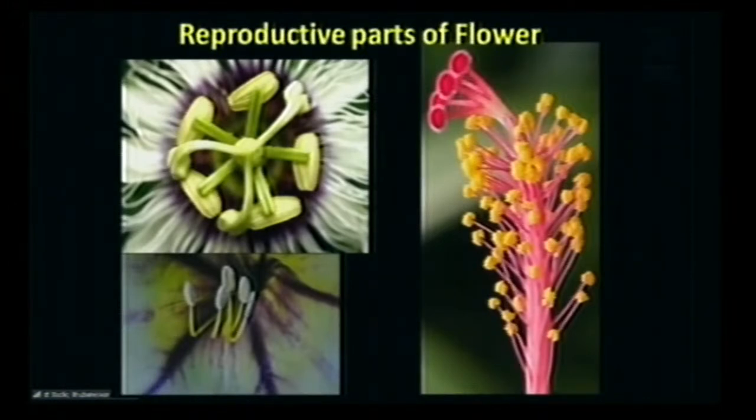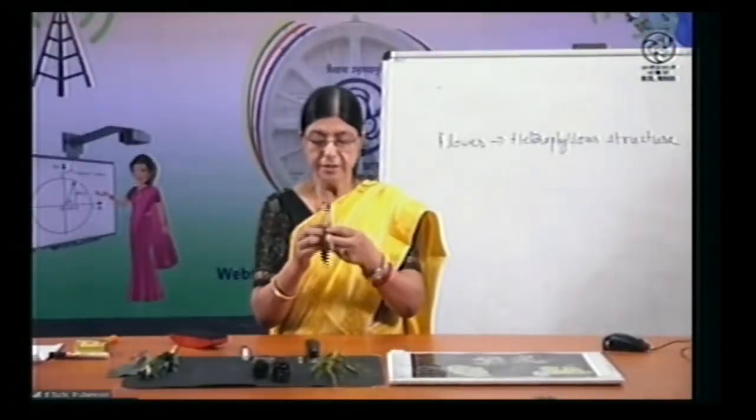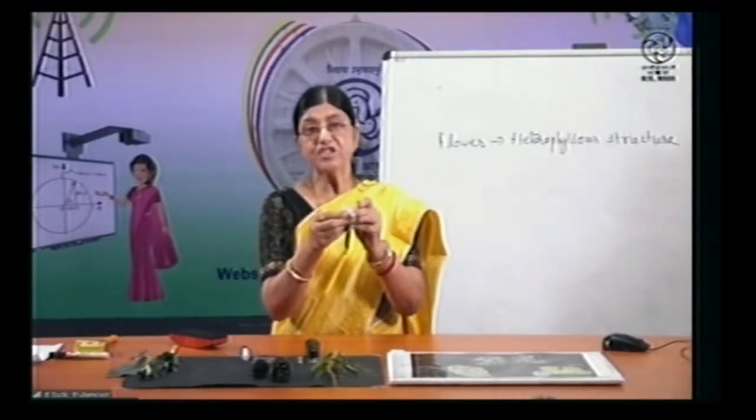Androecium is the male reproductive part. As I had shown you in this flower, these are the stamens. In different flowers, the number of stamens, and the shape, size and forms of stamens vary.